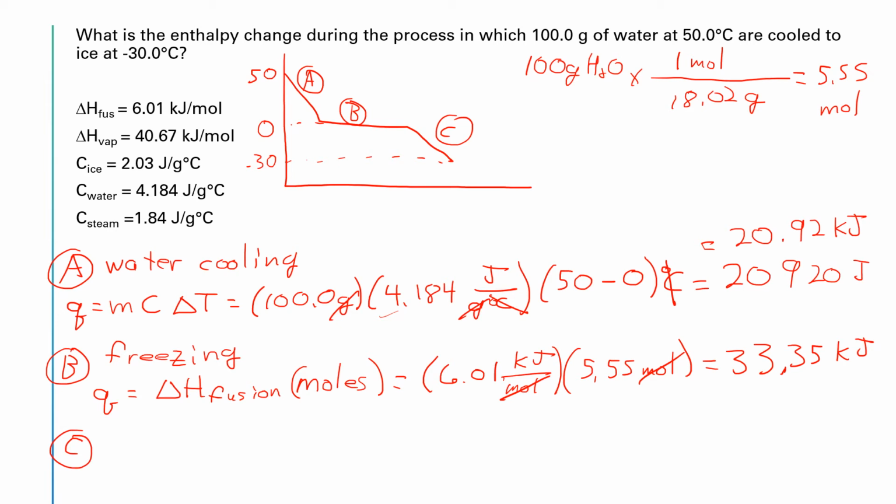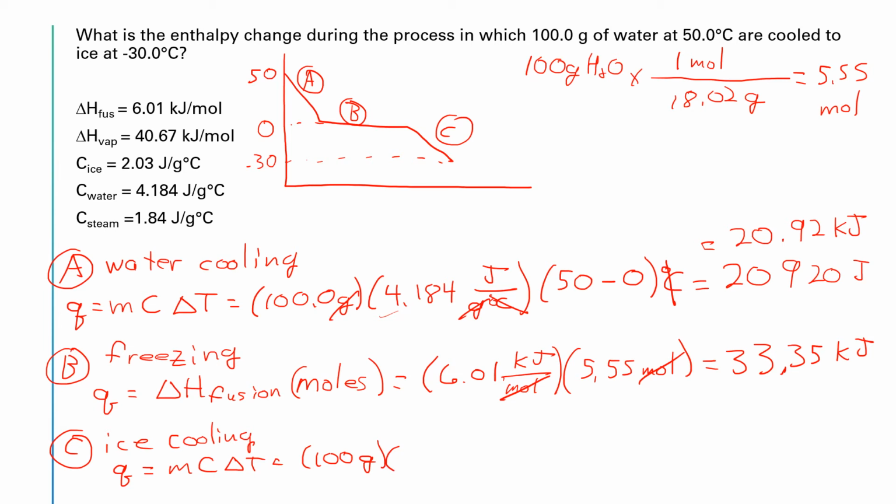This is where the ice is cooled from 0 degrees C down to -30 degrees C. Since temperature changes are involved, once again, we're using the calorimetry equation. Q is equal to mc delta T. The mass was 100 grams.